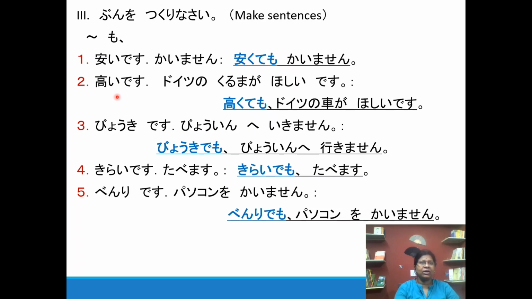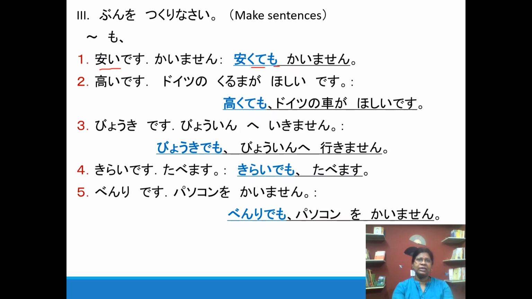Number 2: 高いです。ドイツの車が欲しいです。高くてもドイツの車が欲しいです。Number 3: 病気です。病院へ行きません。病気でも病院へ行きません。Number 4: 嫌いです。食べます。嫌いでも食べます。Number 5: 便利です。パソコンを買いません。便利でもパソコンを買いません。In question number 1, it is an i adjective, so it changes to kutte, mo.